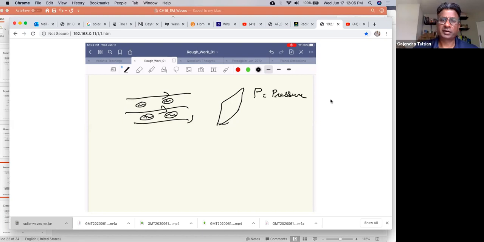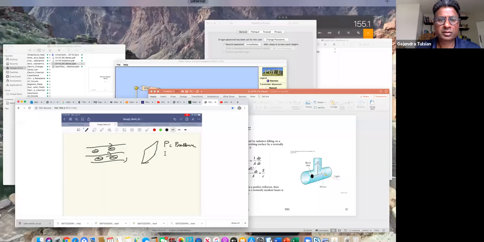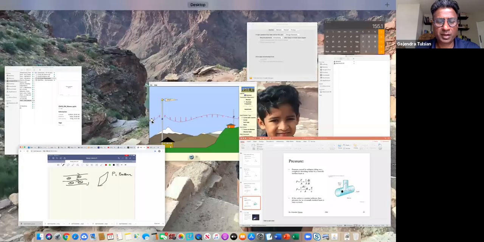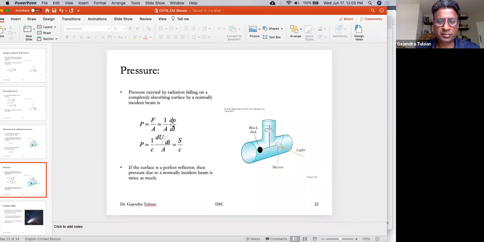That's what we are interested in. What kind of pressure does this beam of light exert on this surface? Pressure is force divided by area. Force is the rate of change of momentum, the rate at which momentum is transferred. You saw that momentum was U by C, where U is the energy absorbed. So it's 1 over A, dU by dt, divided by C.